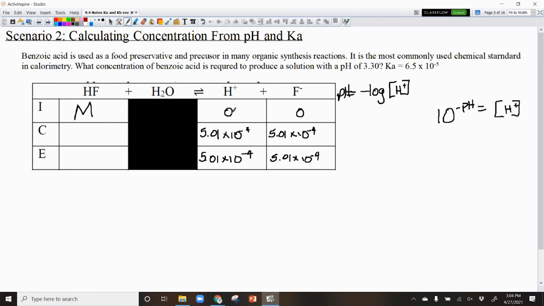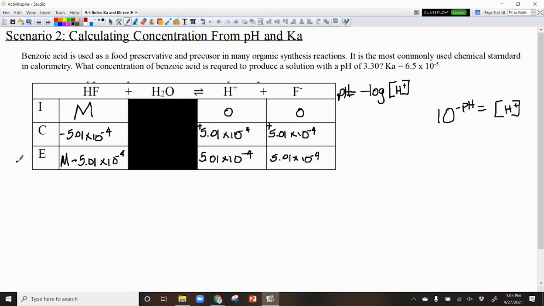This is 0 and 0. Okay, so this is actually plus that and plus that. Okay, so remember on your ICE chart, we have negative because this goes down by that. So 5.01 times 10 to the negative 4. And these are all 1 to 1 to 1. That's why these numbers are the same. 1 mole, 1 mole, 1 mole. Okay, and so this is m minus 5.01 times 10 to the negative 4.